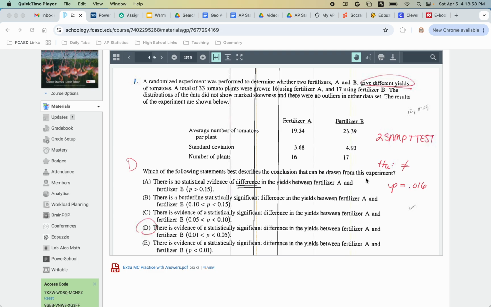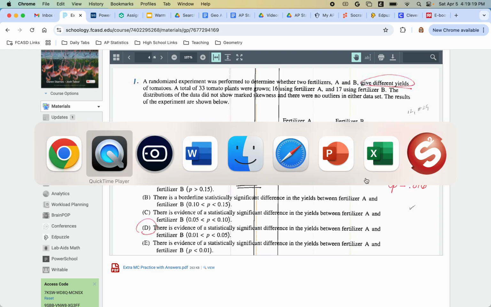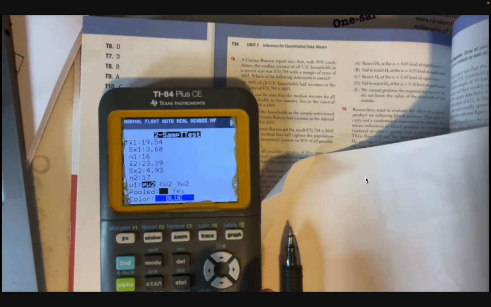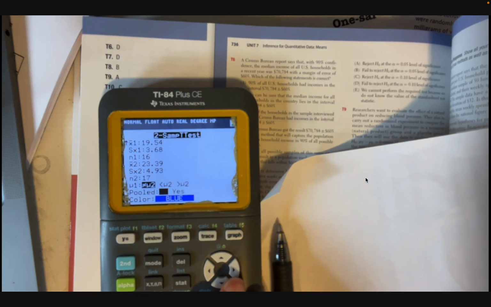you'd have the 15, oops, I know you can't see my calculator yet, hold on. Okay, alright, so for this one, this is what I typed in all those numbers into the calculator.